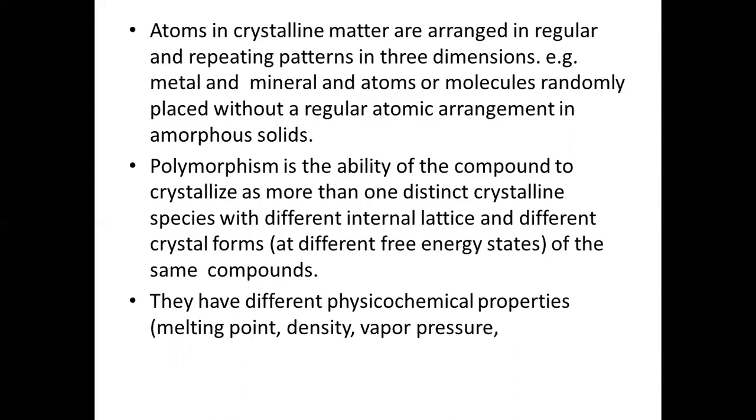Atoms in crystalline matter are arranged in a regular repeating pattern in a three-dimensional structure, for example metals and minerals. If atoms or molecules are randomly placed without a regular atomic arrangement, an amorphous solid will originate.